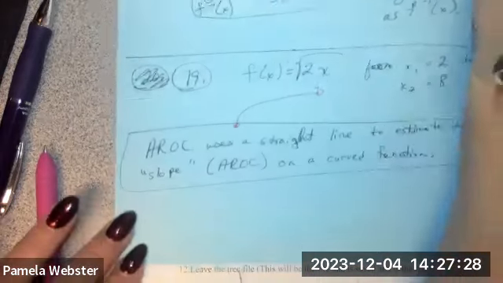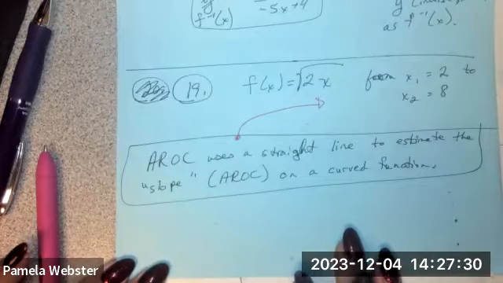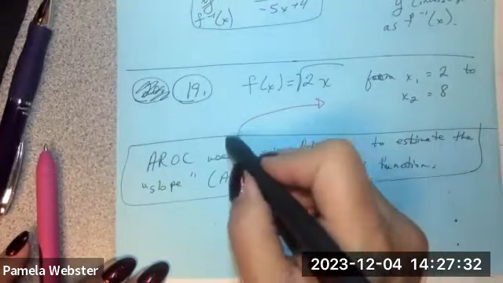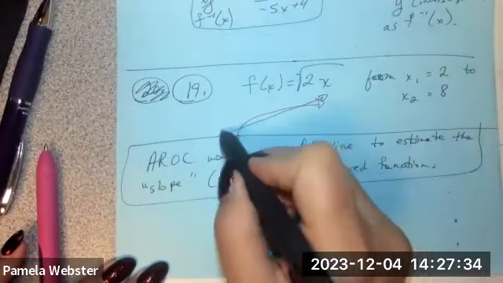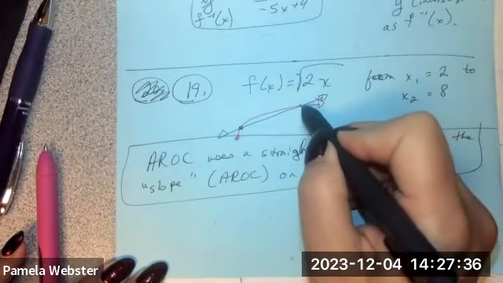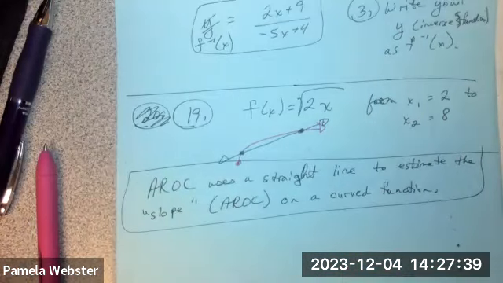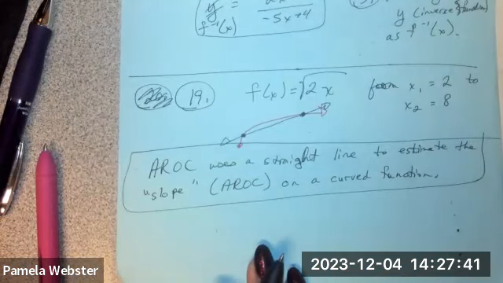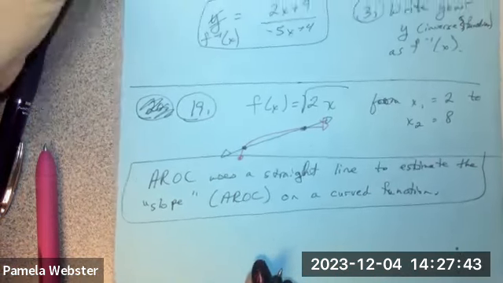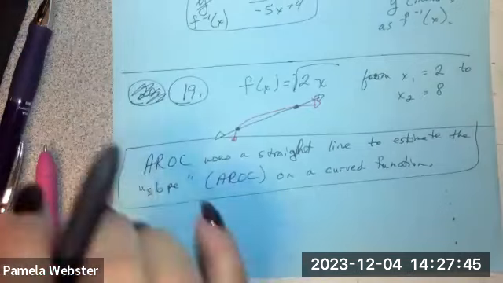So we are going to act as if this is a straight line. We know it's not. But look, if I draw a straight line right there and I pick 2 points like that, it's kind of close. That's the idea. This line is going to approximate what's going on with this curve for me.